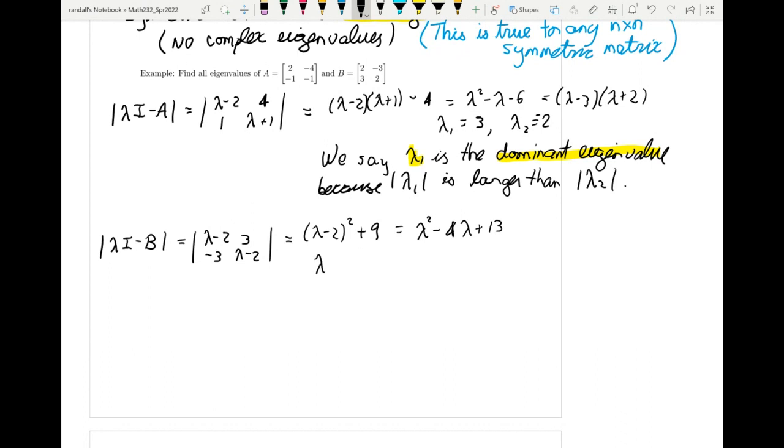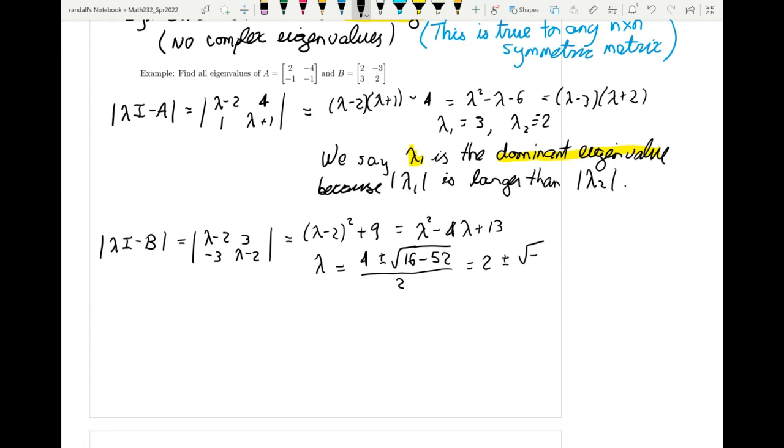That's a quadratic that's irreducible, so I can tell that its eigenvalues are going to be complex. Let's compute them: minus b plus or minus the square root of b squared minus 4ac, so 16 minus 4 times 13, that's 52, over 2. 16 minus 52 is minus 36.